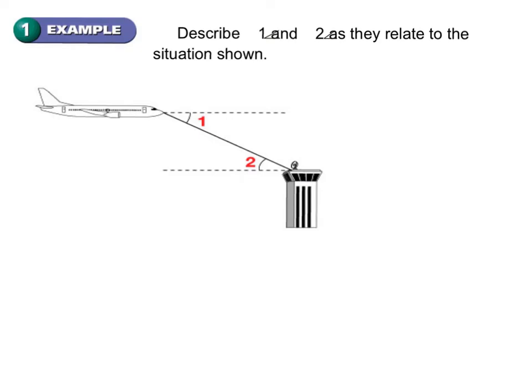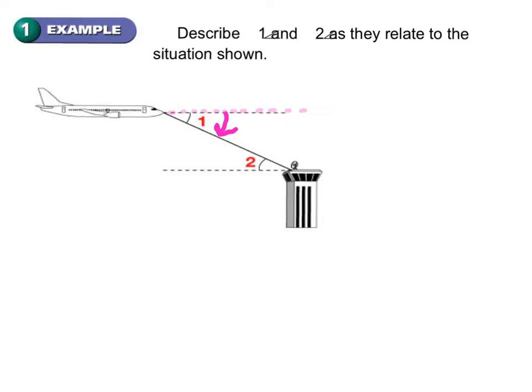Now, if we were to classify the two angles for the diagram shown here, we have angle 1, and looking at angle 1, we start at the horizontal line and we would have to look down to the line of sight.